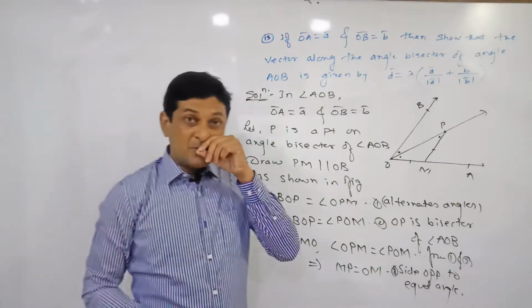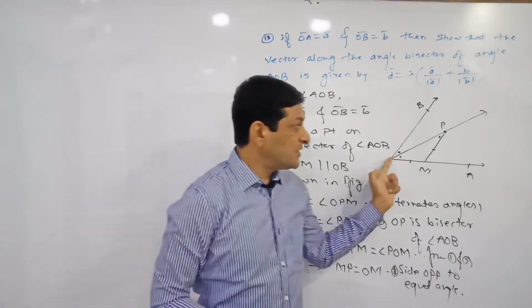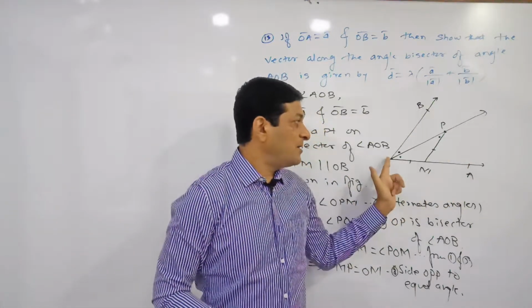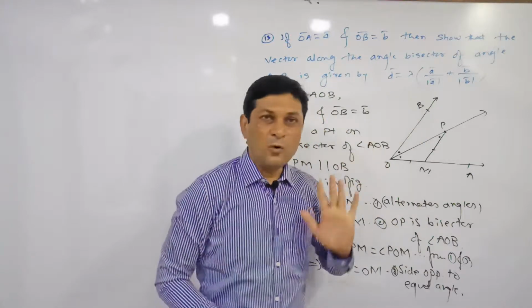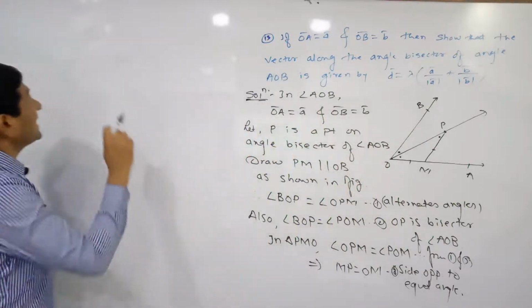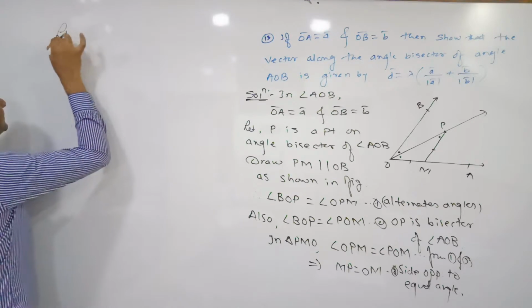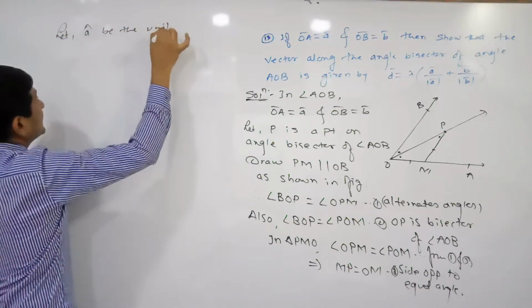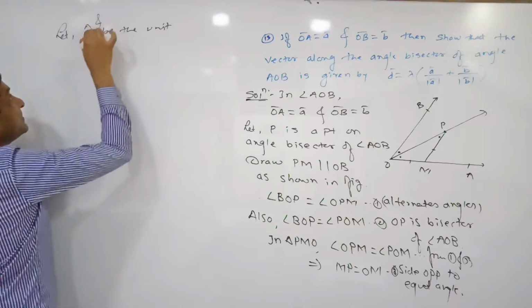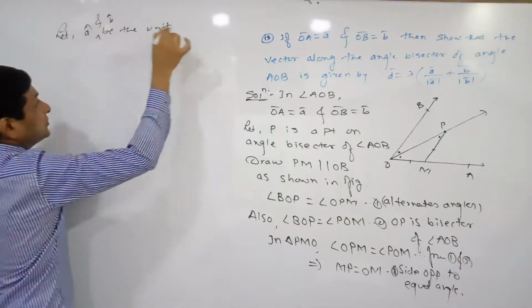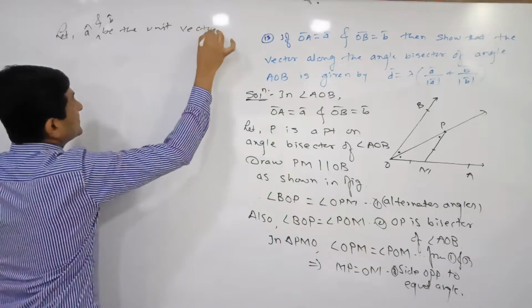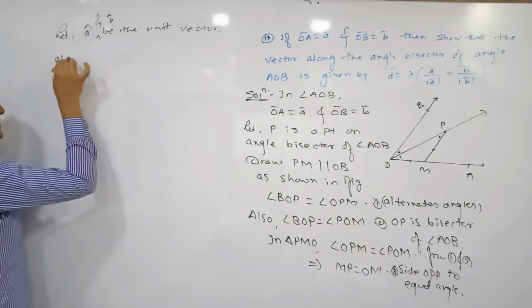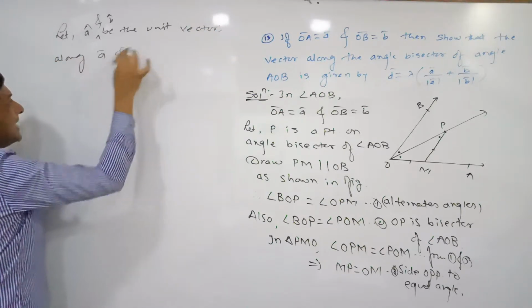Now we are supposing that A cap is a unit vector along OA bar and B cap is a unit vector along OB bar. So let A cap and B cap be the unit vectors along A bar and B bar.